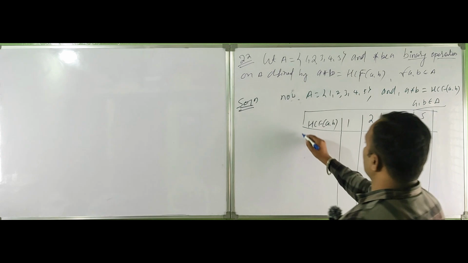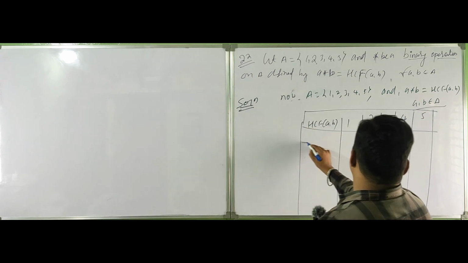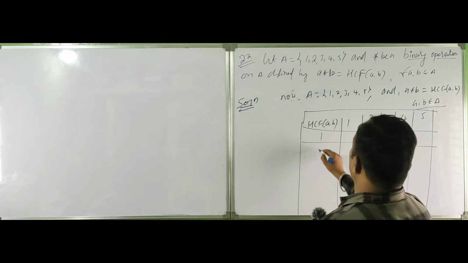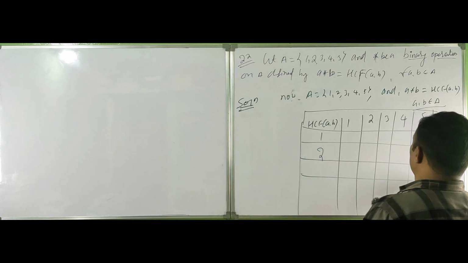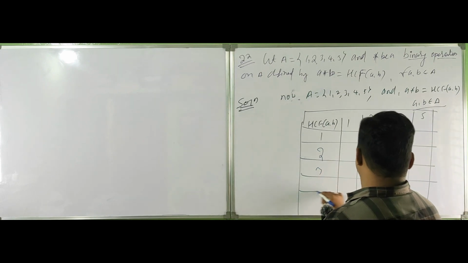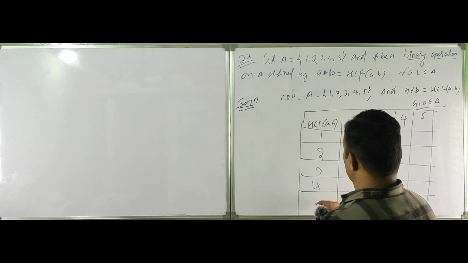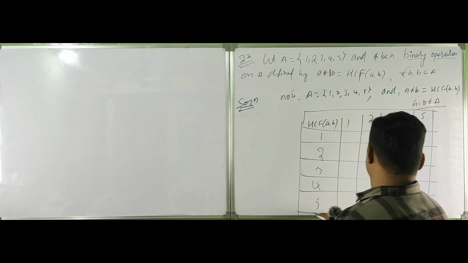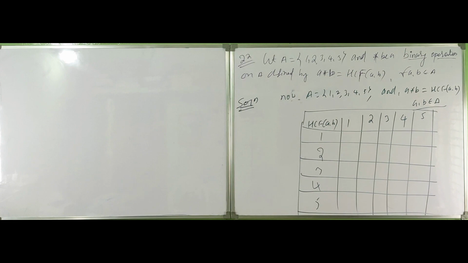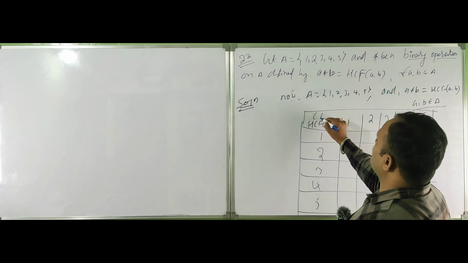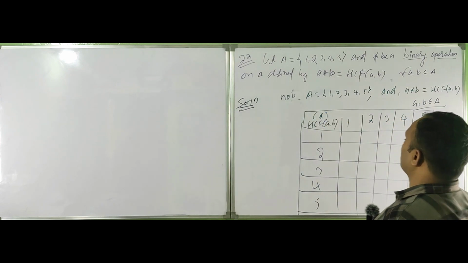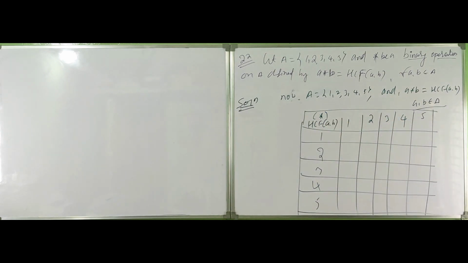How many rows are there? 1, 2, 3, 4, 5. So 5 rows and 6 columns including the header. You can write only star here, or the name of the function, HCF of A and B.